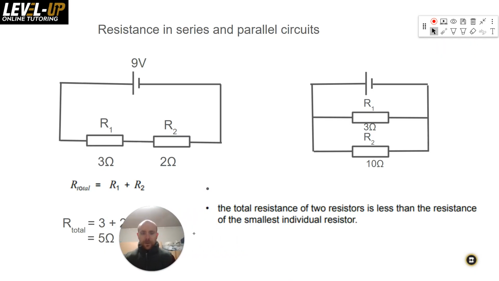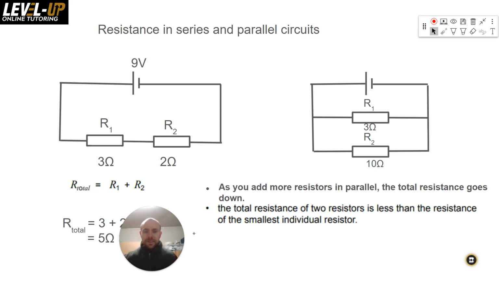So, as you add more resistors in parallel, the total resistance goes down. The second thing to be aware of, and this is a really useful thing to know, is that the total resistance of the 2 resistors is less than the resistance of the smallest individual resistor.